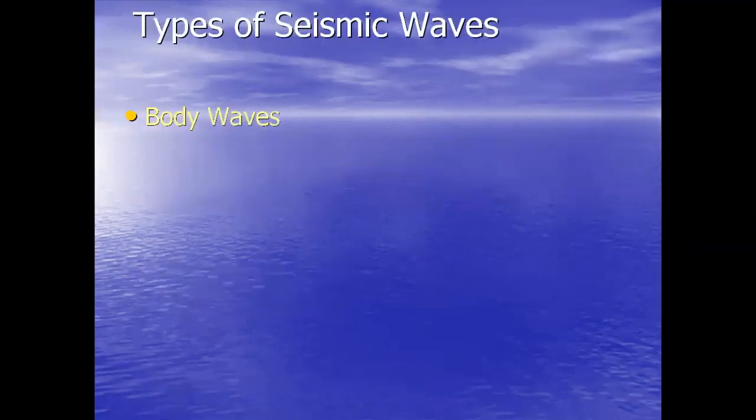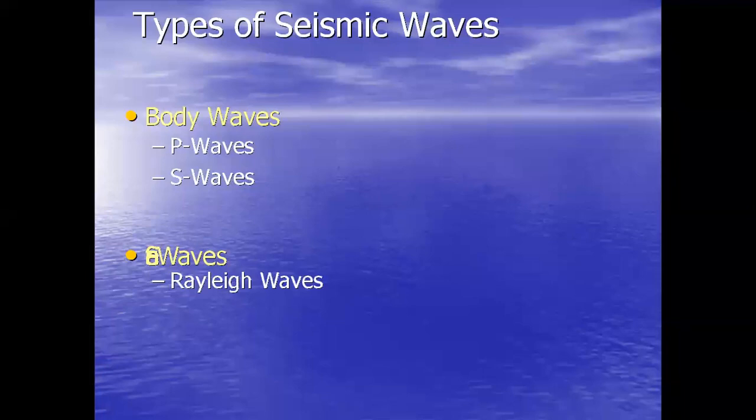We have different types of seismic waves. The first is the body waves, and the second is known as the surface waves. The body waves are the P waves and S waves, while the surface waves are the Rayleigh waves and Love waves. In seismic methods we mainly consider the P waves.